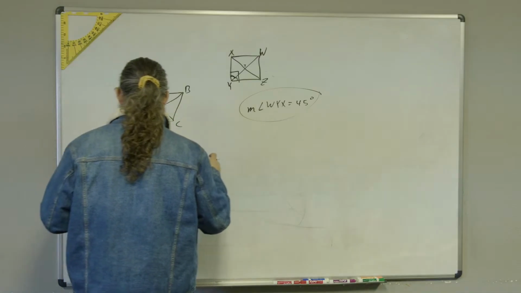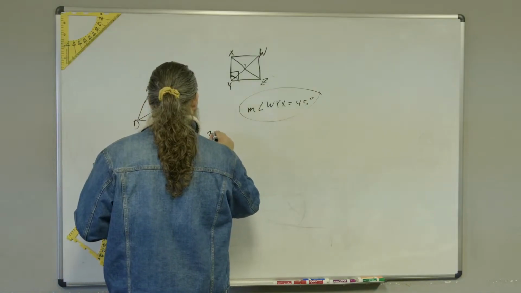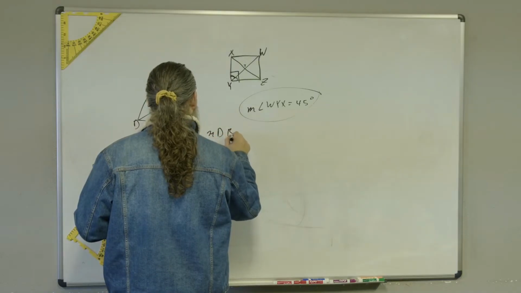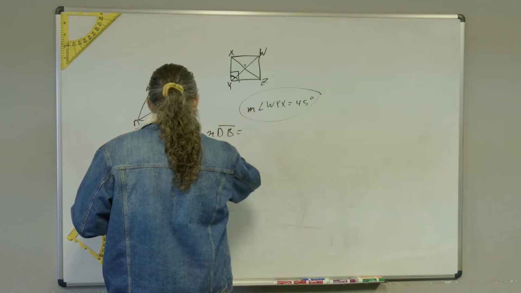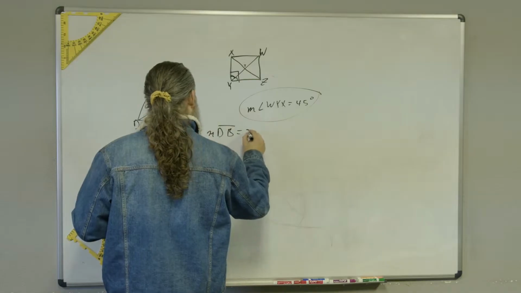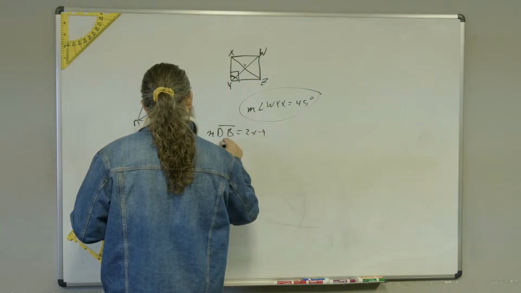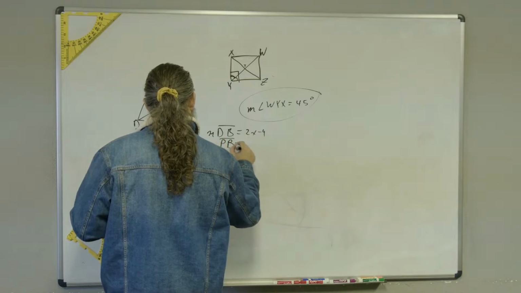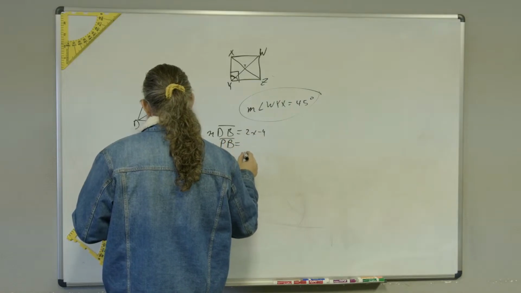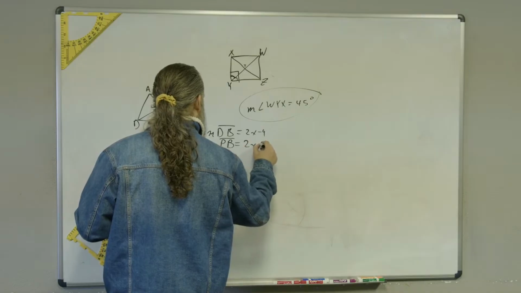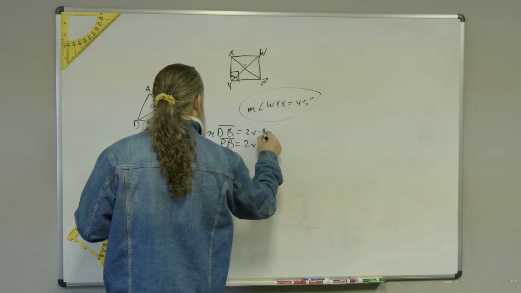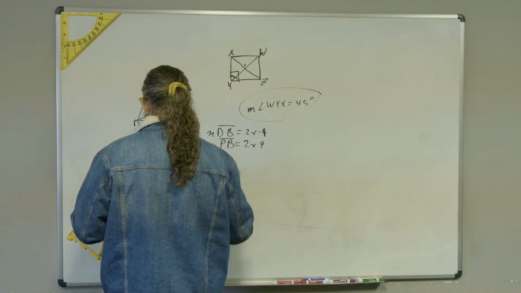Number 10 says if the measure of DB equals 2x minus 4 and the measure of PB equals 2x minus 9, ugly 4, but we get the idea.